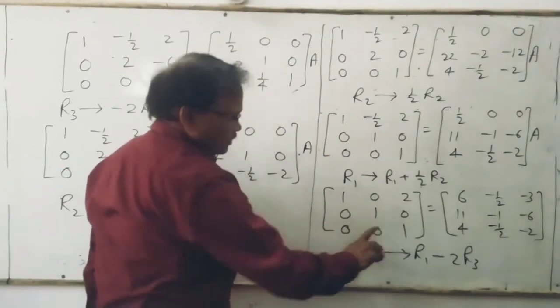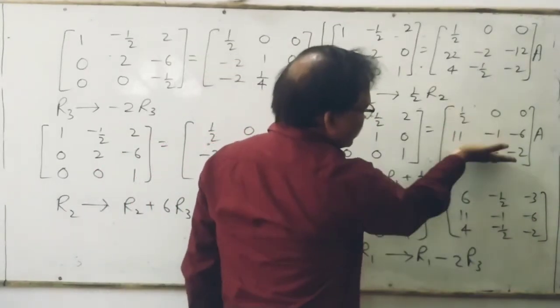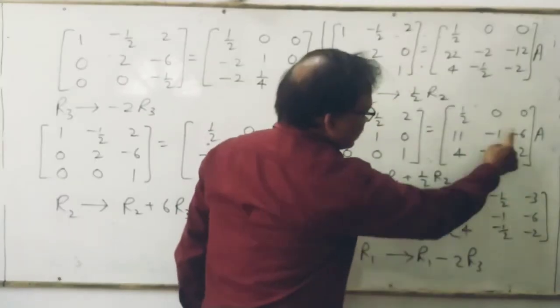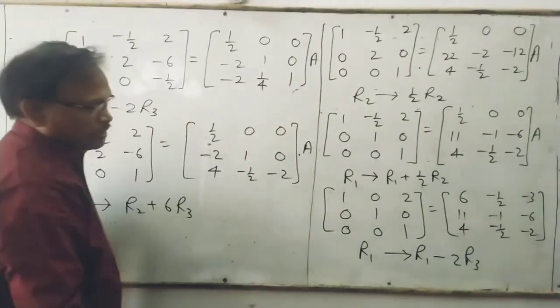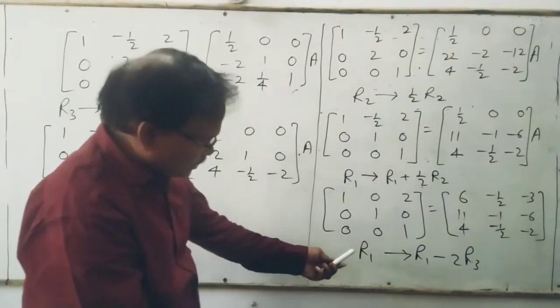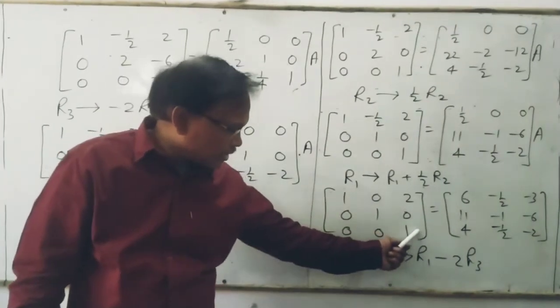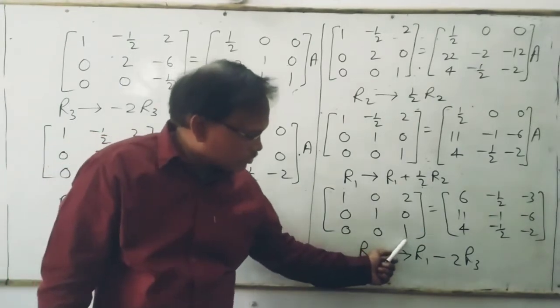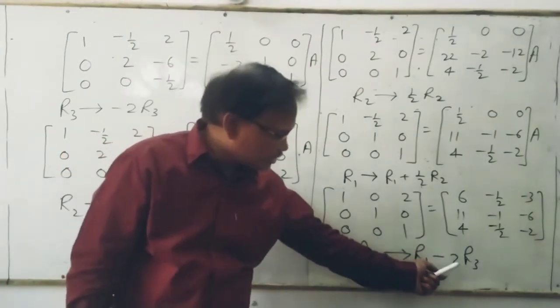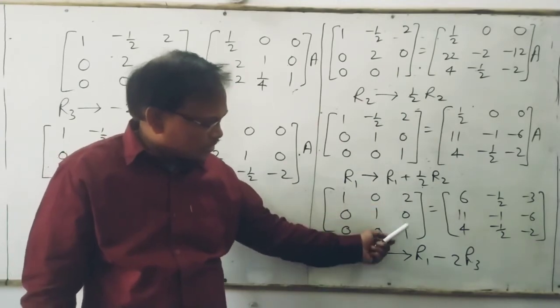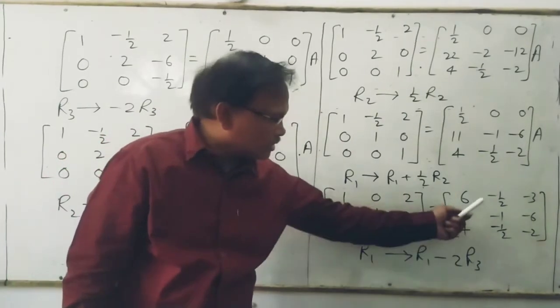And the rest remain the same, and similarly you do in this matrix, that is, R1 will change, the others will be the same. Now for the last one you have to make this 0. To make it 0, we have to take R3. Why? Because R3 has 1, and this 2 into 1 you multiply, so minus 2; 2 minus 2 will be 0, that is R1 minus 2 R3.